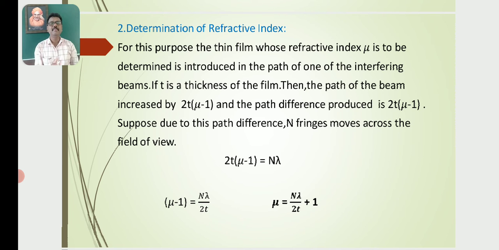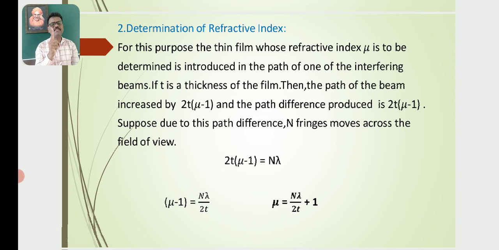Because of introducing a thin film in the path of one of the incident beams, a number of fringes move in the field of view. Note down how many fringes have moved. Then we know the formula mu is equal to n lambda by 2t plus 1.